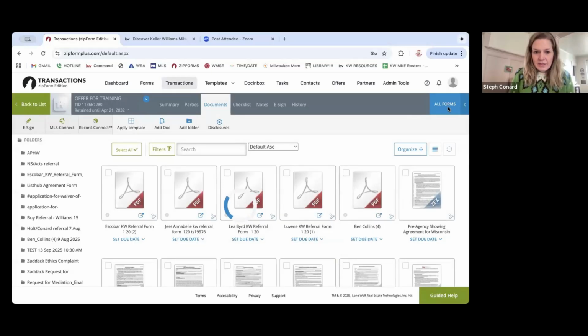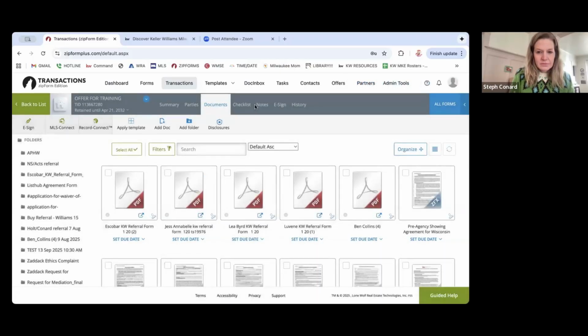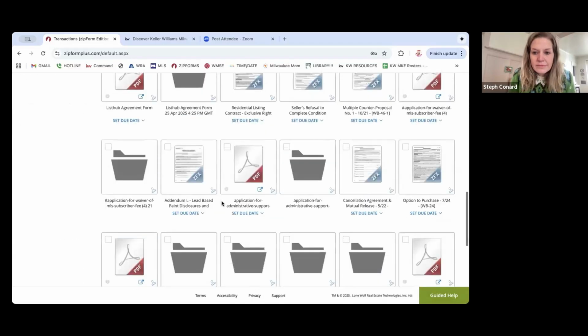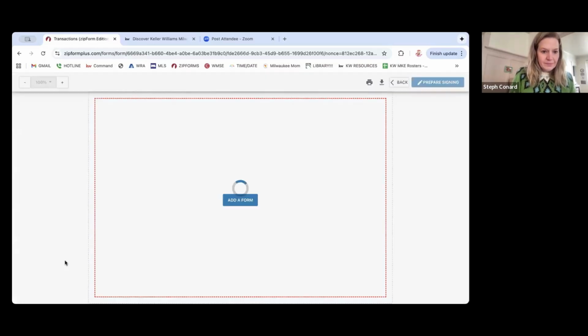I don't know that I have an addendum R. I don't already have one in there, so I'm going to add it now. Little zip forms training for you.